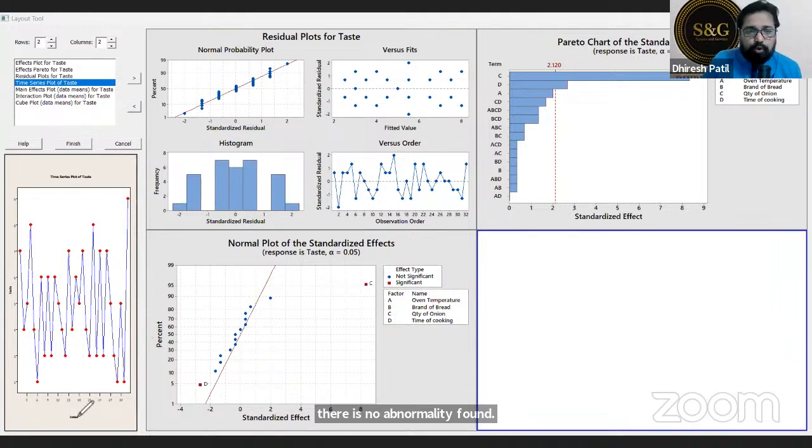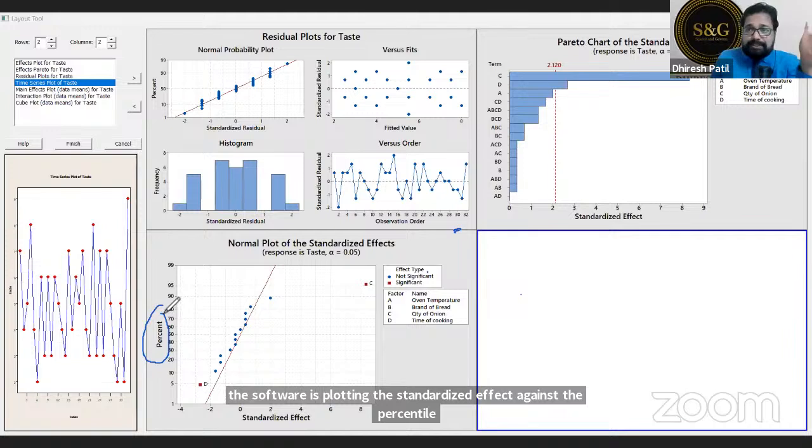Now coming back to the normal plot of standardized effect. The software is plotting the standardized effect against the percentile. Do you remember percentile?